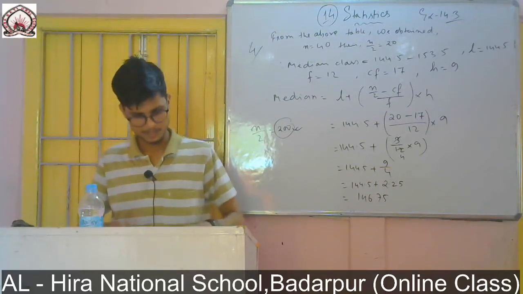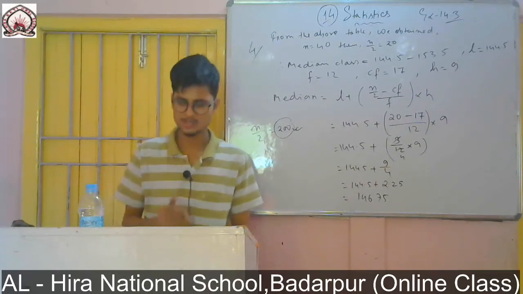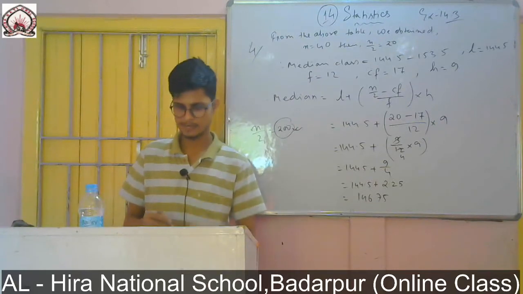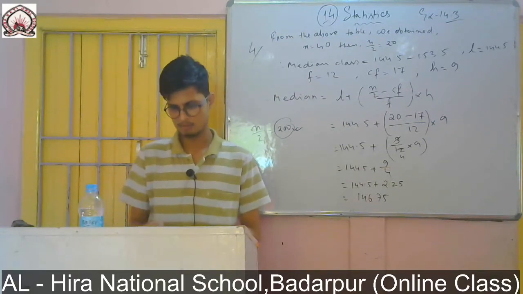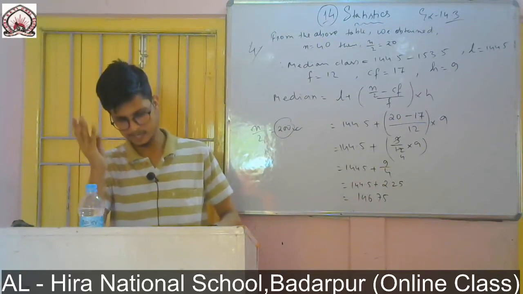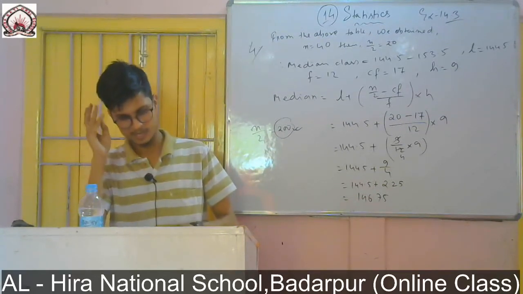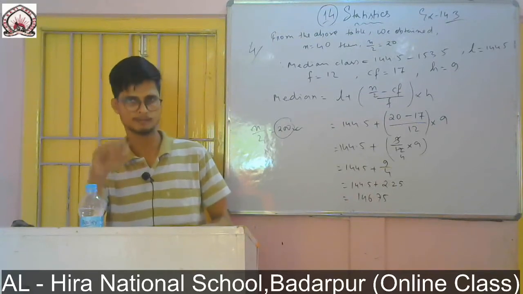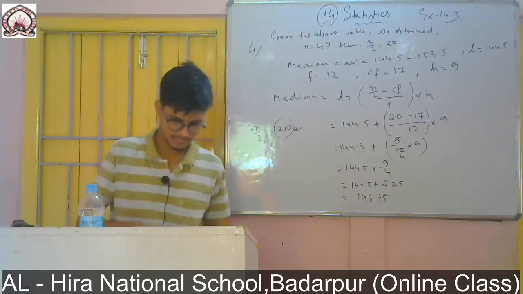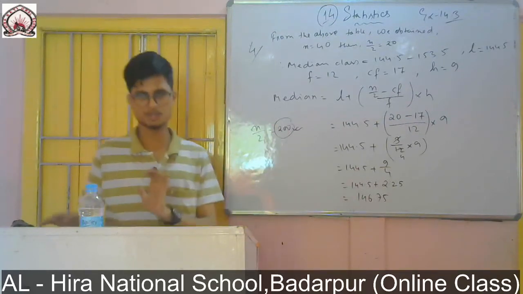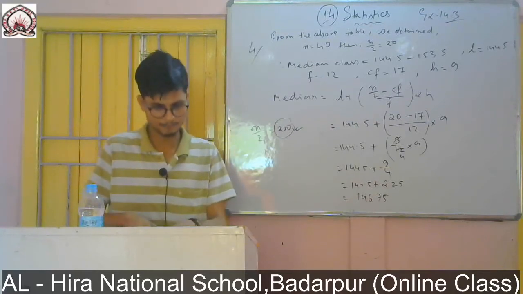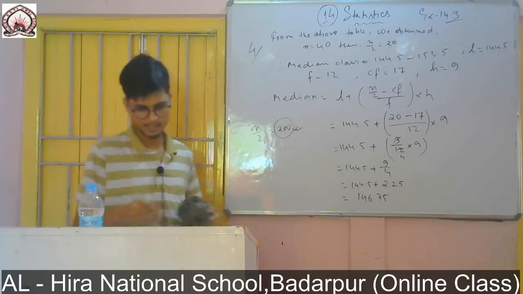So now question number 7. Before doing question number 6, I will do question number 7 because question number 6 is the same as what we have done. In question number 6, you need to find the median, the mean of the surnames, and the modal size of the surnames. But question number 7 is only to find the median, the same as the earlier sums like questions 5 and 4.